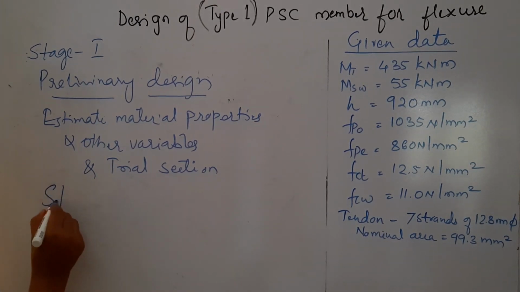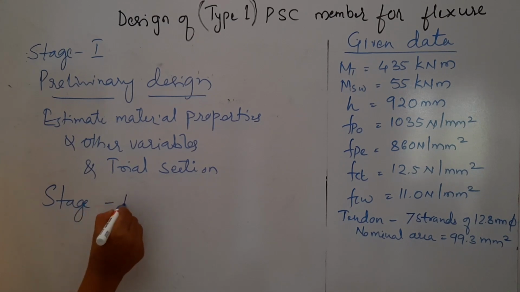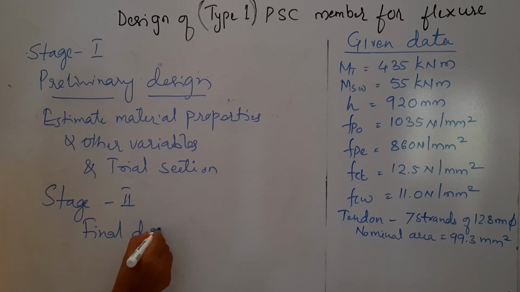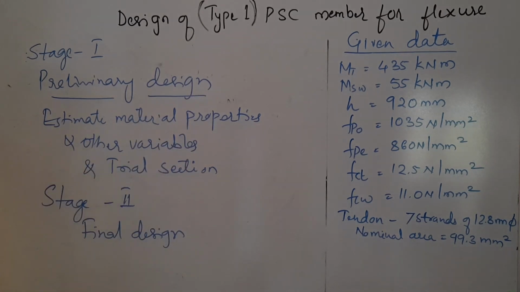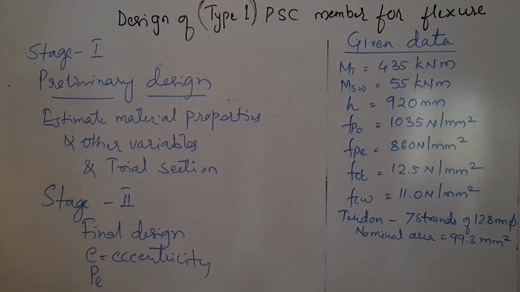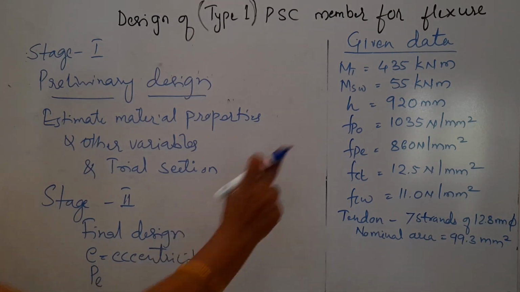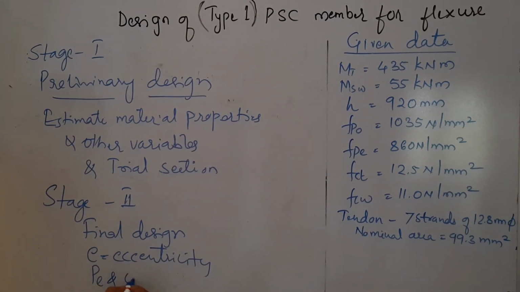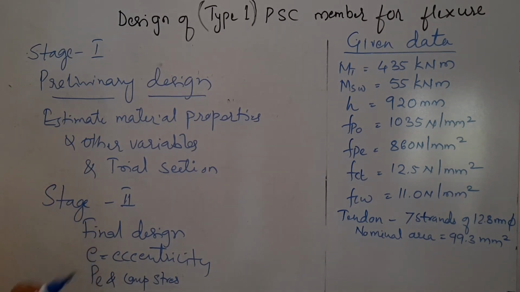In stage 2, that is the final design, with all the values which we have calculated, we have to calculate the eccentricity and the final pre-stressing force. Here capital P is for the pre-stressing force, and small f is for the stress, the compressive stresses at top and bottom, at bottom during transfer and at top during working condition.